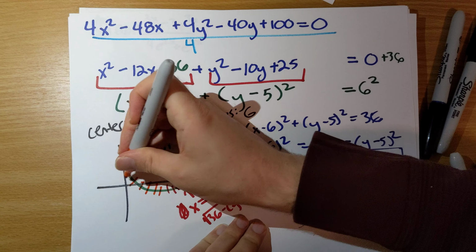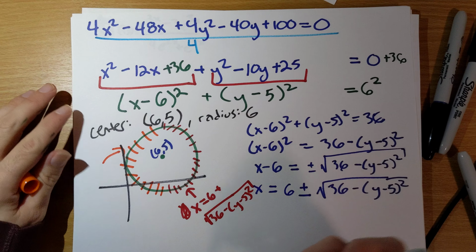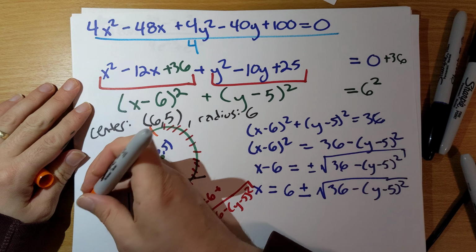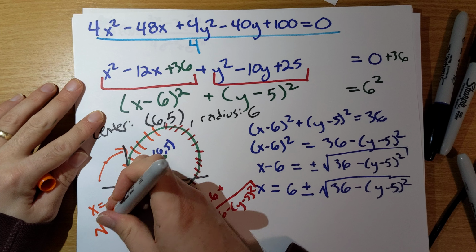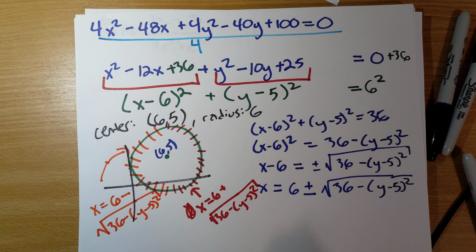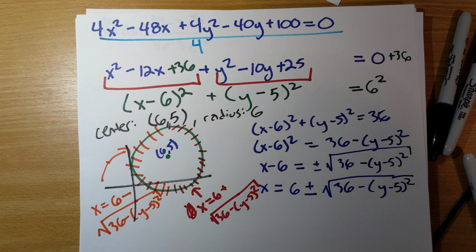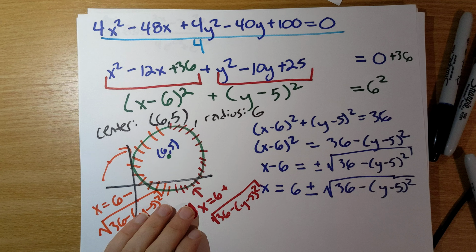Part E talks about the left semicircle over here. And so the equation for the left semicircle is x is equal to 6 minus the square root of 36 minus y minus 5 squared. So this is how we break these things up.